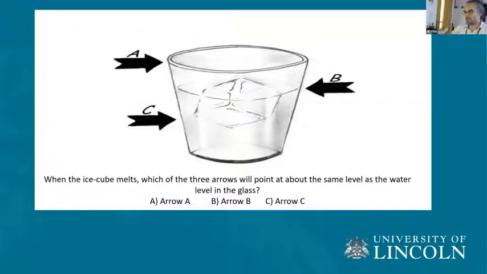So the right answer here, we were not looking for right answers in our research. We were looking at the reasoning about making a prediction and telling us why they made it. But what we would consider the scientifically accepted answer is that the level remains the same. As I said, most of the students, as you can imagine, went for option A, the level increases.